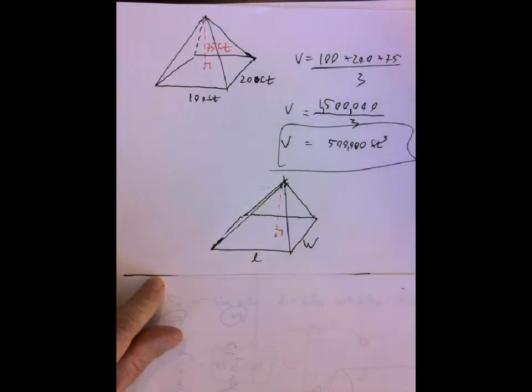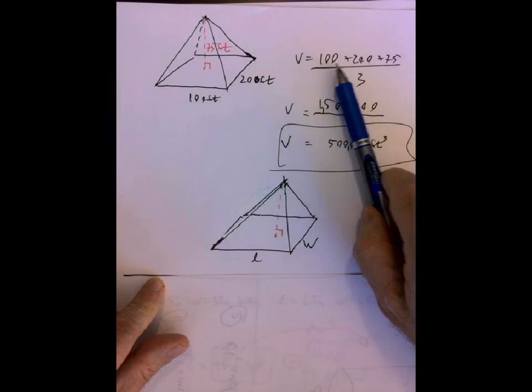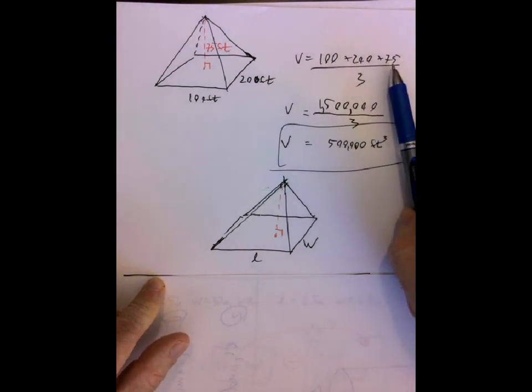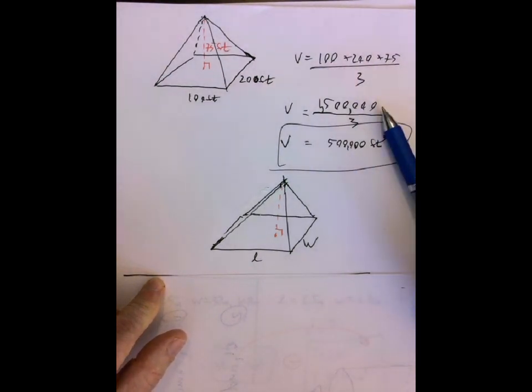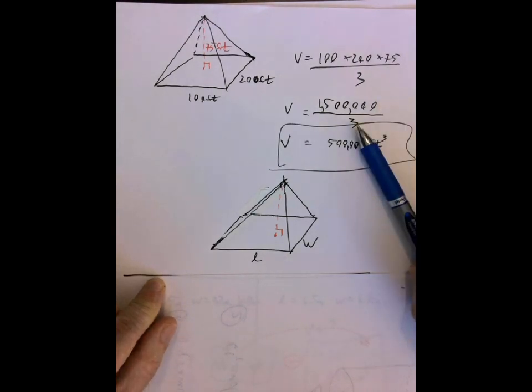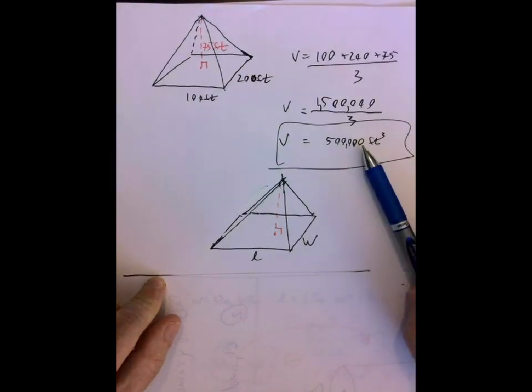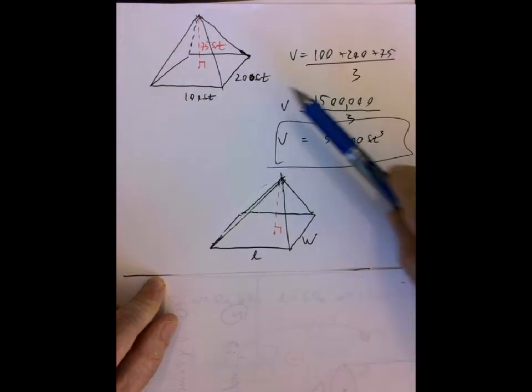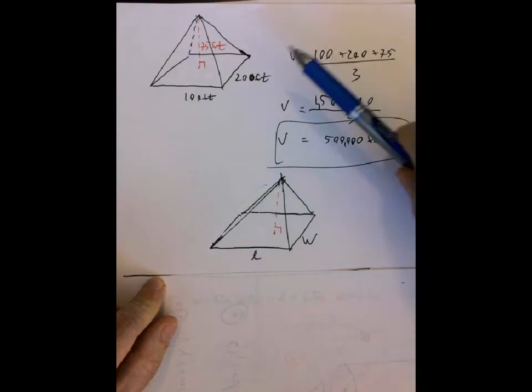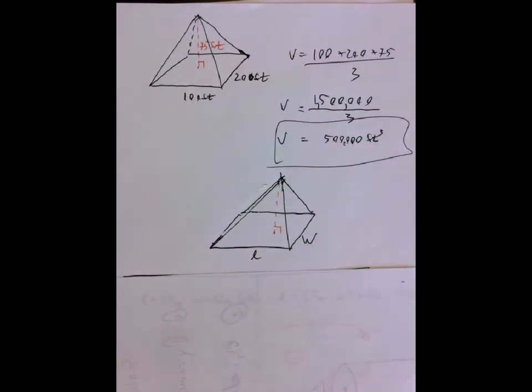Well, how do we find the volume? 100 times 200 times 75, which is about 1,500,000. And then we divide by 3. Always divide by 3 for pyramids. And that gives us 500,000 cubic feet. Cubic because it's volume, and feet because that's the units that we measure.